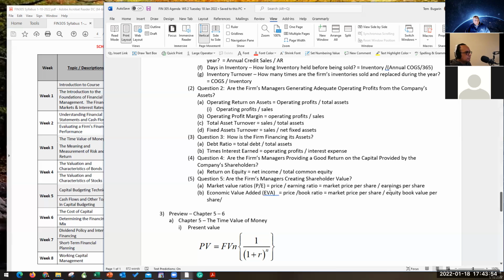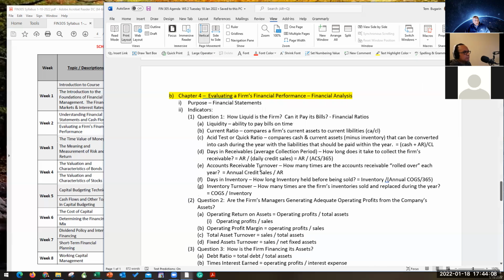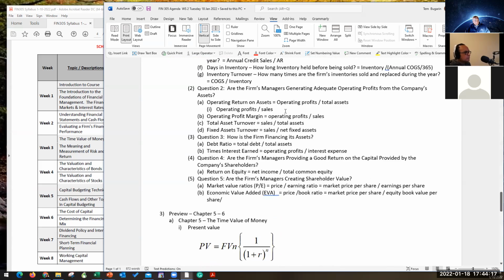The other one is economic value added, EVA, and the price to book ratio equals market price per share divided by equity book value per share. So all of these are elements consistent of chapter 4, evaluating a firm's financial performance.